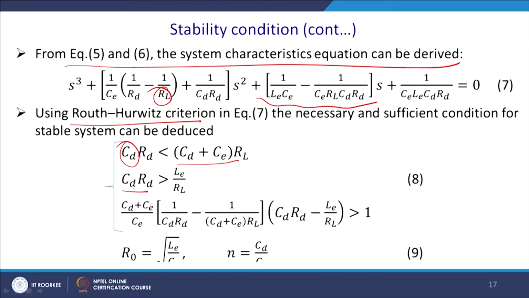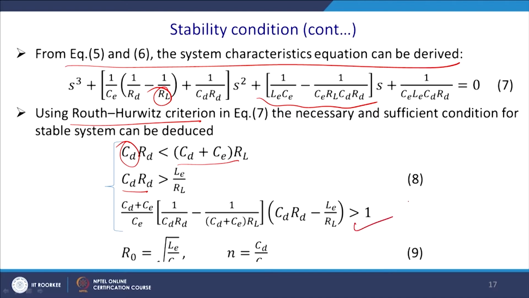C d into R d should be greater than L e by R L, and also you have C d plus C by C in bracket, 1 by C d R d minus 1 by C d R d R L into C d R d minus L e R L, it should be greater than 1.